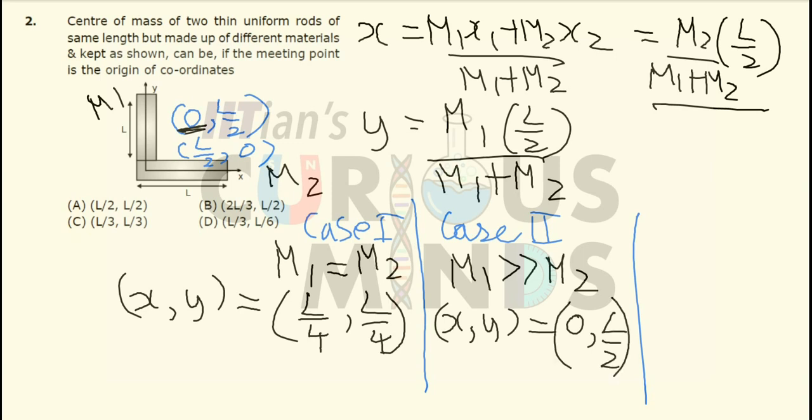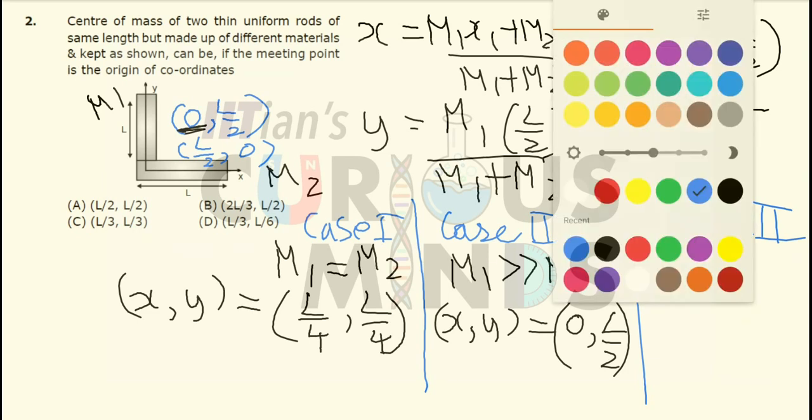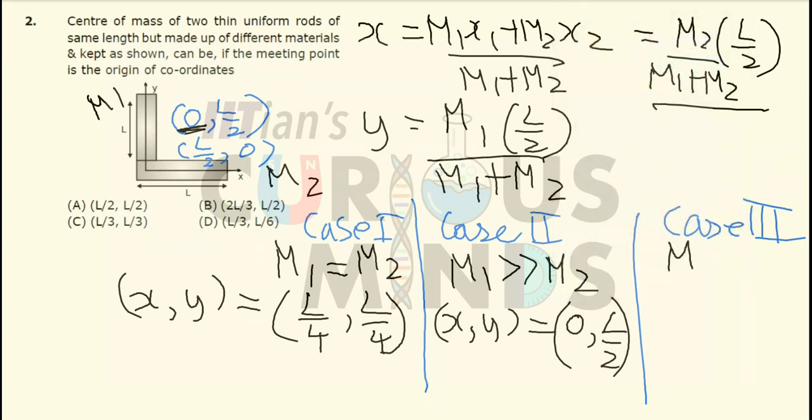This is the second case. In case 3, m2 is very large as compared to m1, so the same formula for x comma y will be equal to L by 2 comma 0. Just the formula will be reversed here.